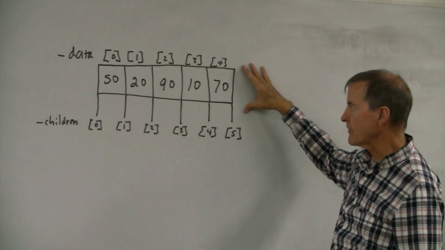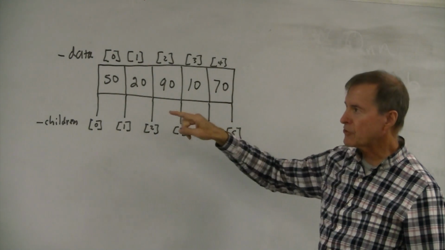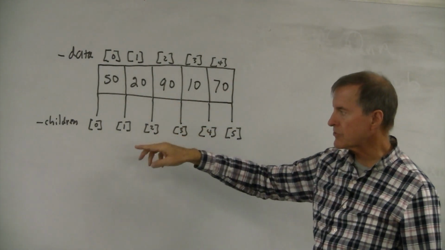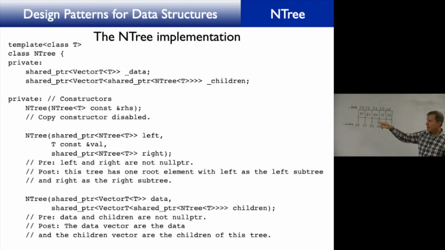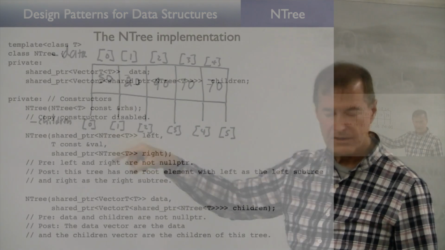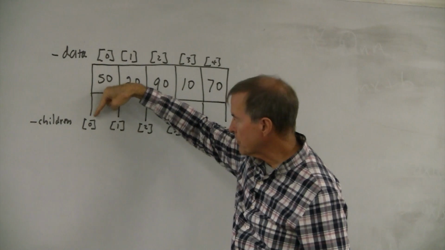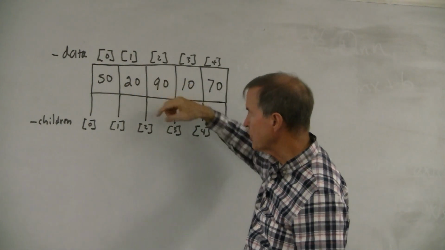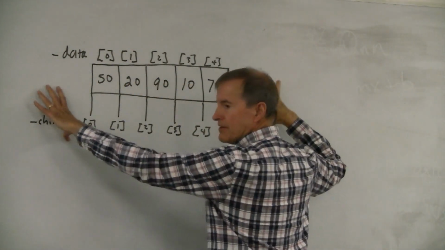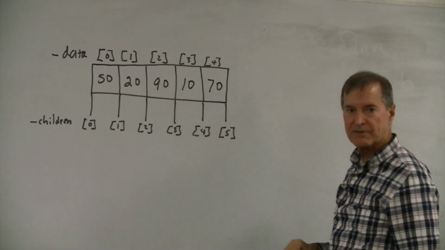This is an example of an n-way tree, and the two attributes are underscore data and underscore children. Underscore children is a pointer to a vector of pointers to NTrees. So this is a pointer to an NTree, this is a pointer to an NTree, this is a pointer to an NTree, and this whole thing is an NTree.